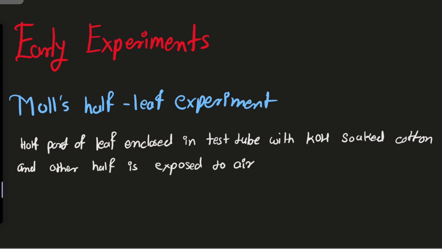Next is Moll's half-leaf experiment. The same setup, but in the half-leaf experiment, Moll takes one leaf in a test tube. Partially it is exposed to the air and partially it is inside KOH soaked cotton.